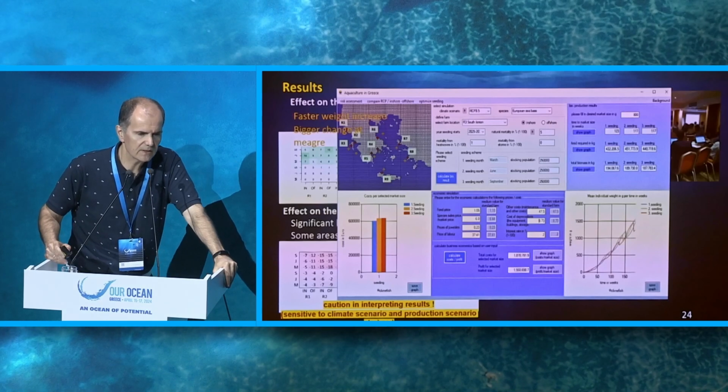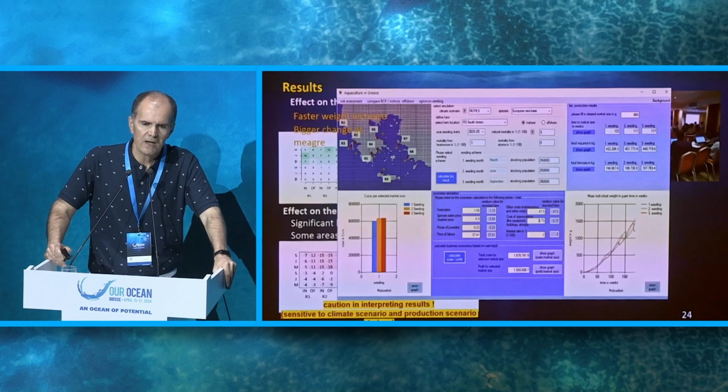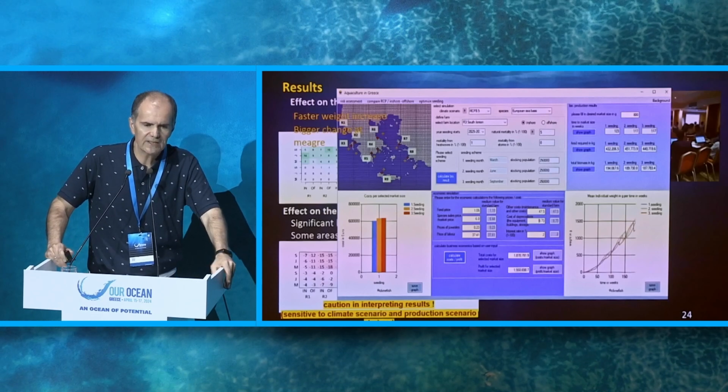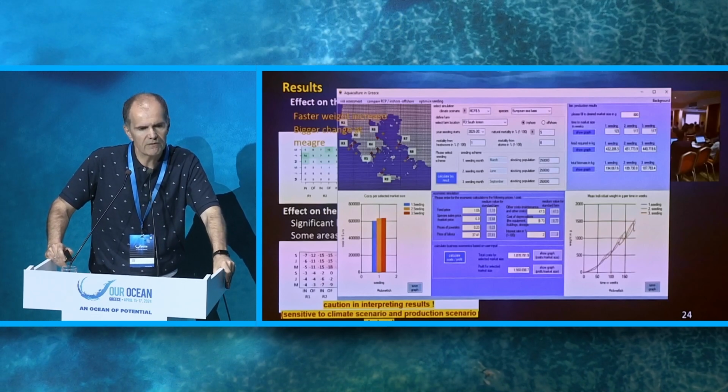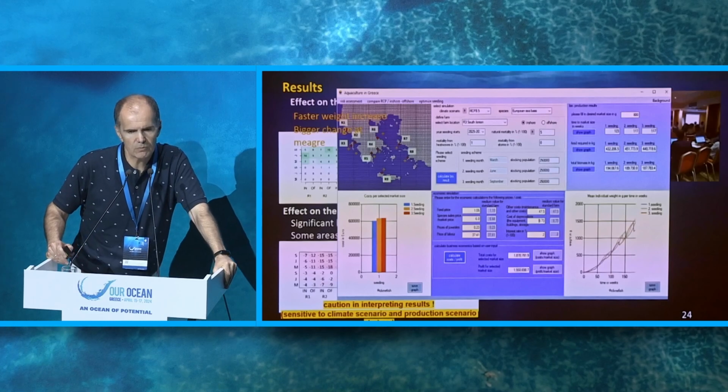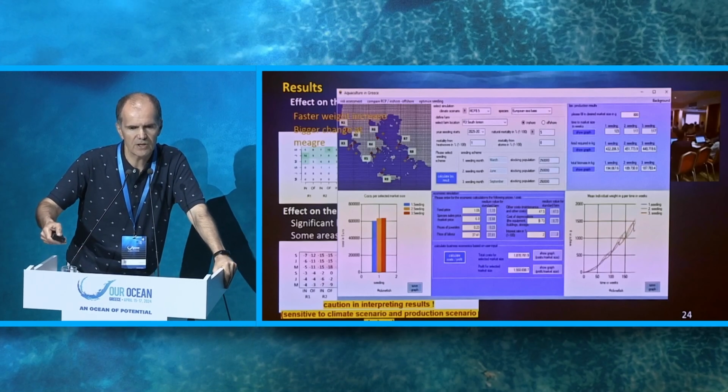And of course, economic parameters to finally, as output, identify which species is actually worth investing in the future and how future production will be projected.